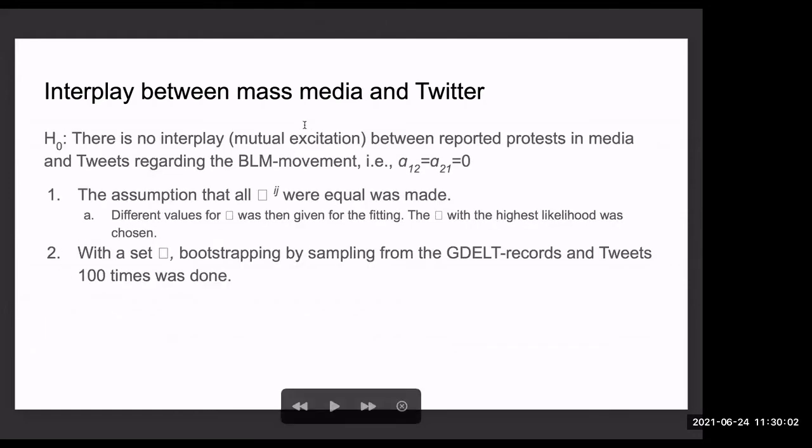So a null hypothesis was then set up, which says that there is no interplay between protests in mass media and social media.